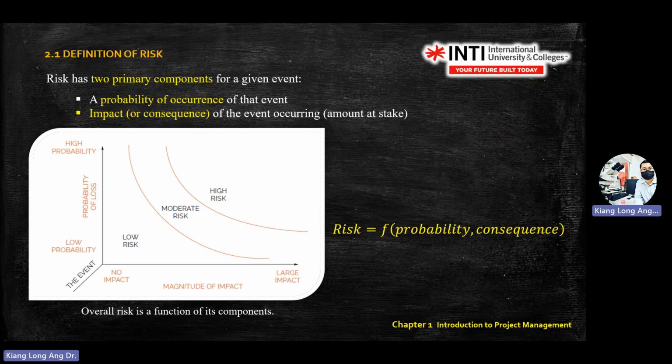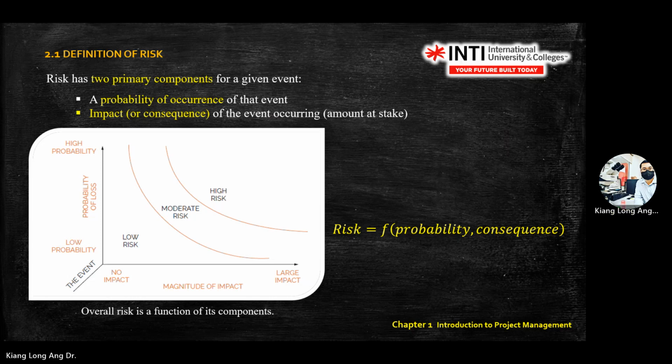Here is just a simplified diagram. There's no number given. It just gives you, for example, if you have high impact, high probability, then you are under high risk. You have a low impact, but you have a very high probability, you're still under low risk.